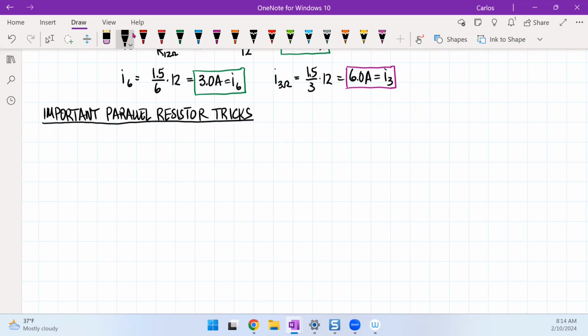So here we go. The first of the two, I'm going to call the two parallel resistor trick.